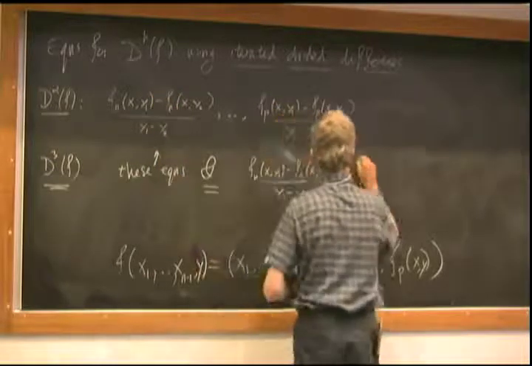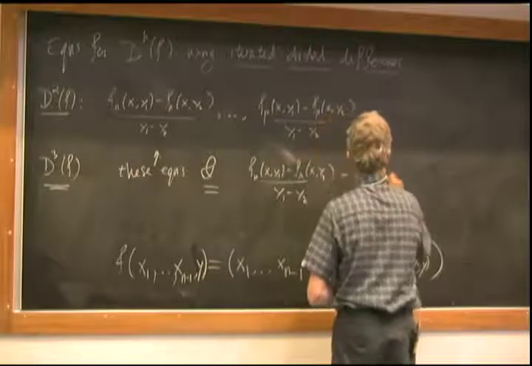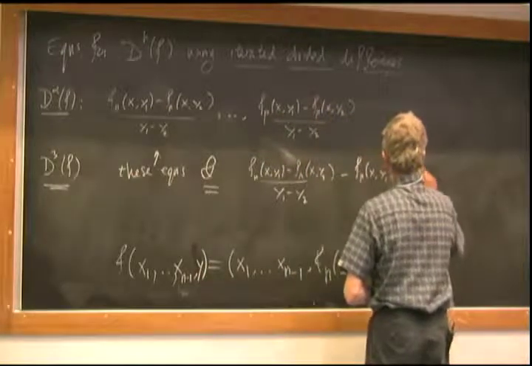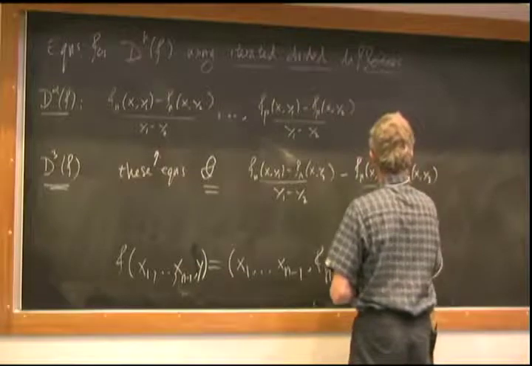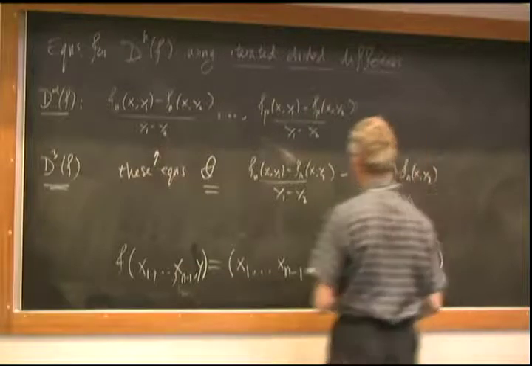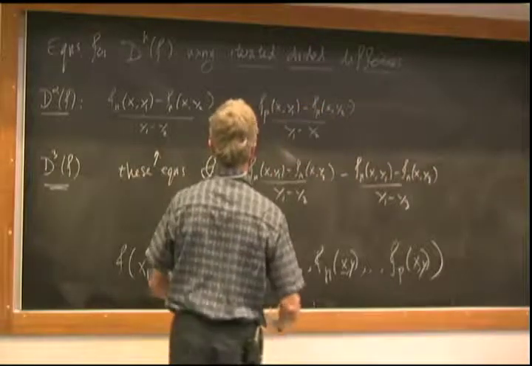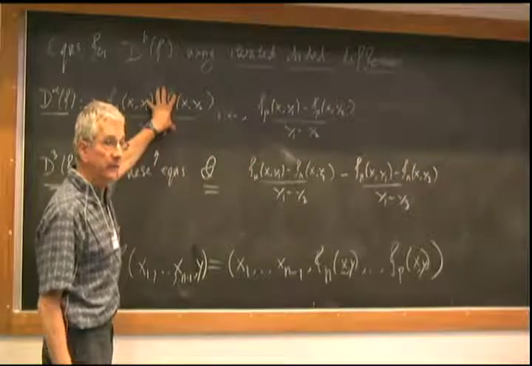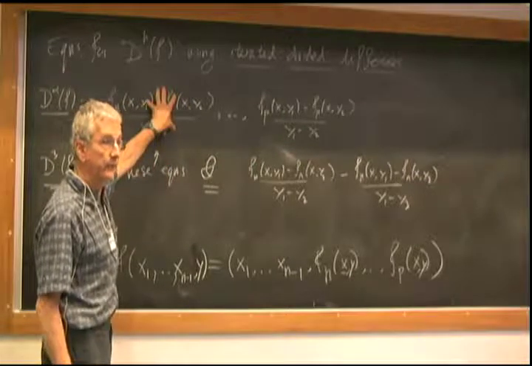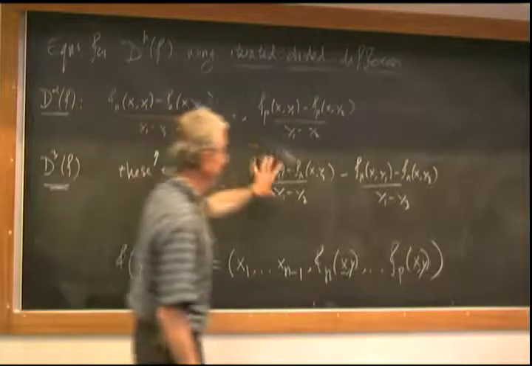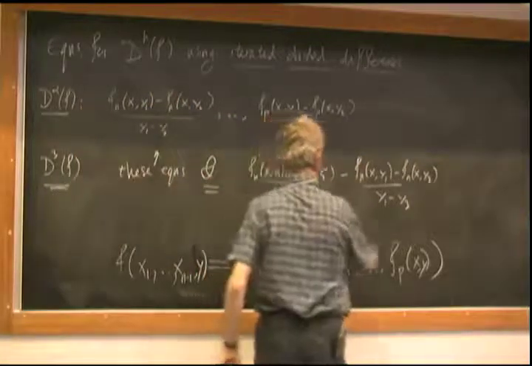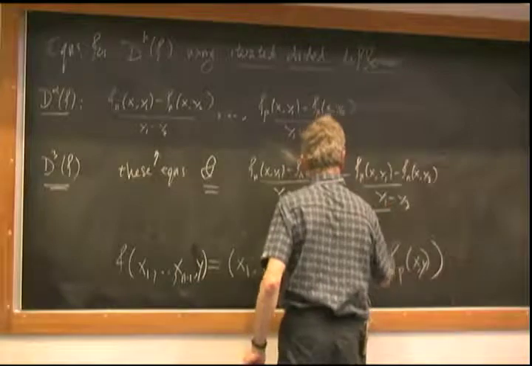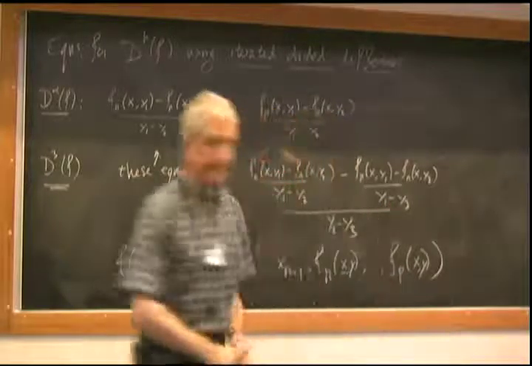And now I subtract fn of x y1 minus fn of x y3 over y1 minus y3. So in other words, I've got this equation evaluated at x, y1, and also evaluated at x, y3, and I'm taking the difference, and that's divisible by y2 minus y3.